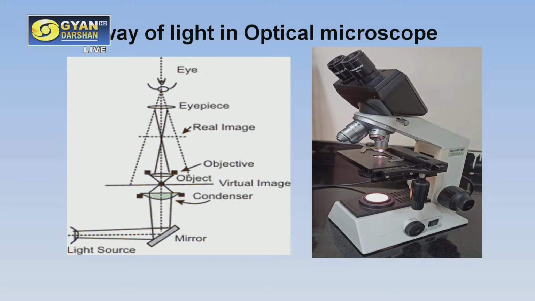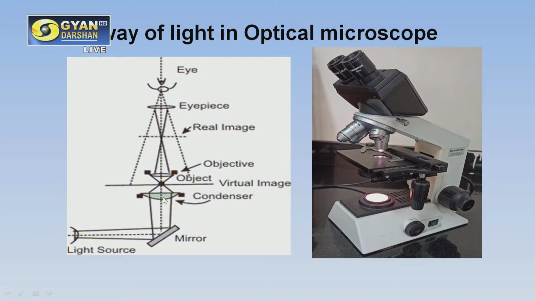What is the pathway of light in the optical microscope? In a light microscope, light is used. Sunlight or artificial light like a halogen lamp can be used for visualization of the biological sample. Here you can see the light coming from the light source and falling on the mirror, and the mirror reflects this light into the condenser lens.